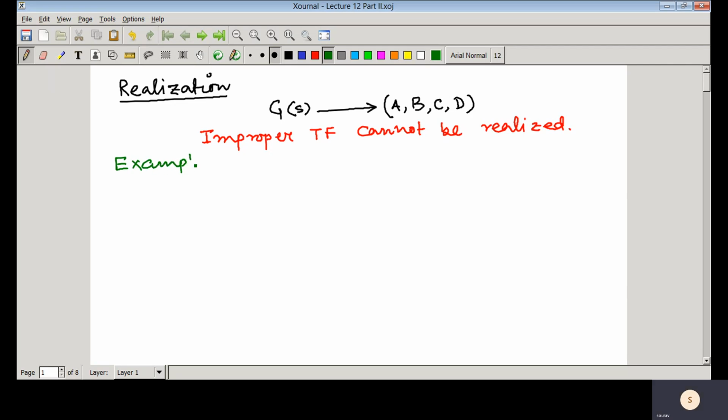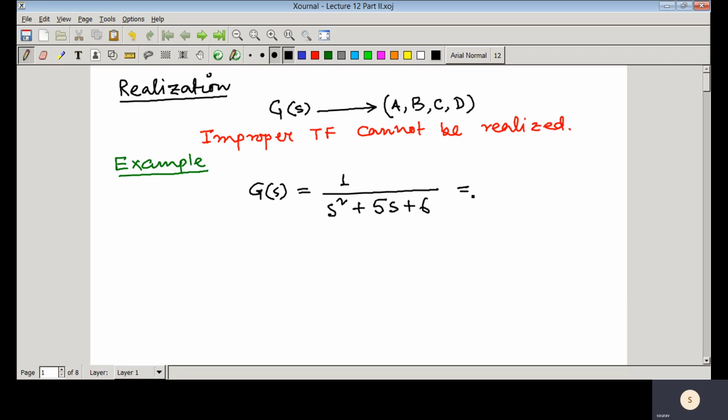So this is example 1. Suppose a transfer function is given, that is G(s) equal to 1 by s square plus 5s plus 6. You need to realize this transfer function.